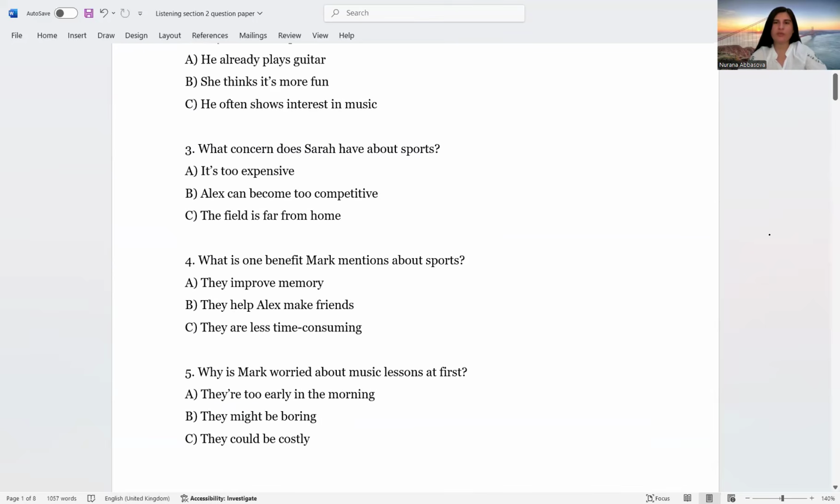But you answer the questions while listening. First, you have some time to read, then while listening, you are just answering the question. You're not writing anything because it is all multiple choice questions. So you need to just click on the correct option, A, B, or C. That's all. It's not difficult, I think.